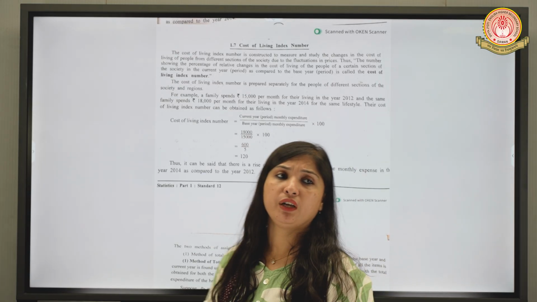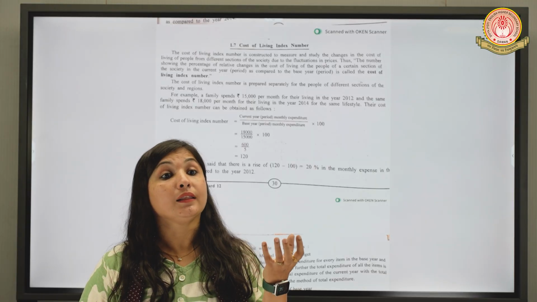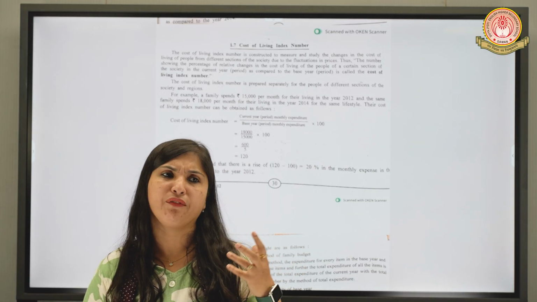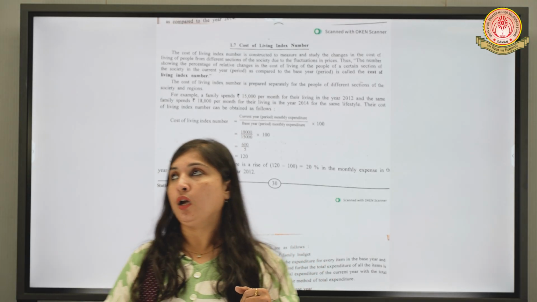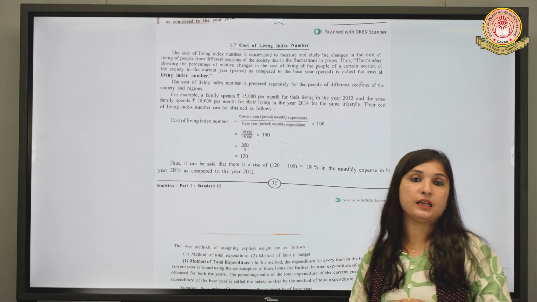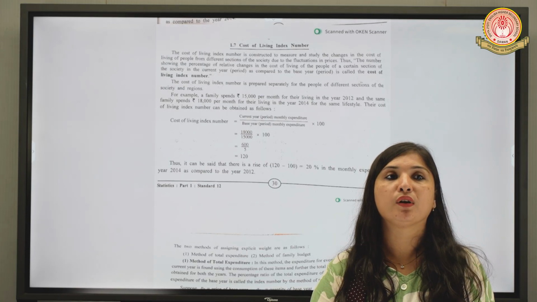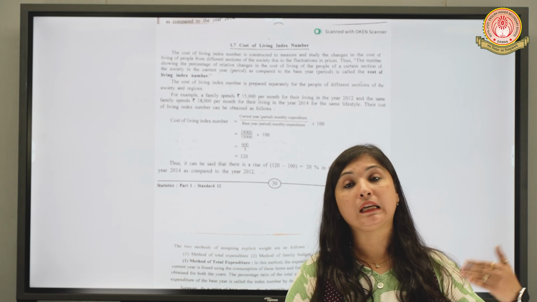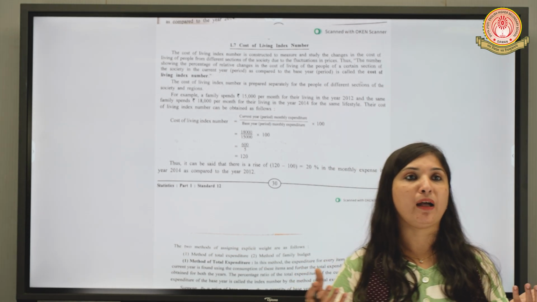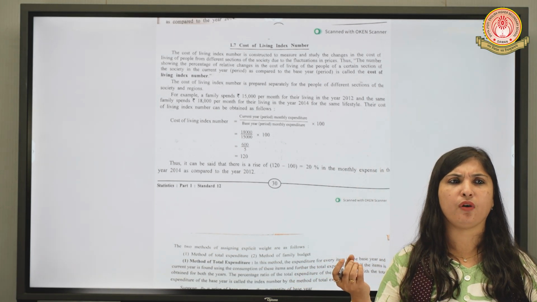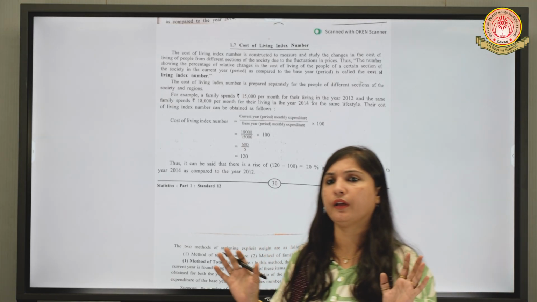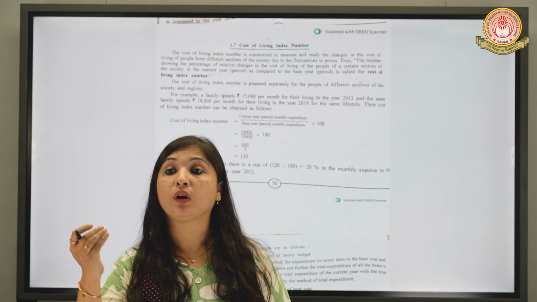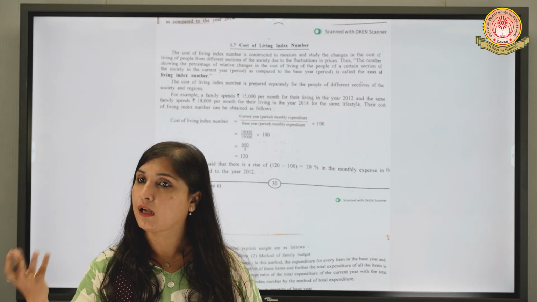For cost of living index, we will consider the expense that a family incurs every month or every year. If your family is having a very good lifestyle, or whatever kind of life a family is living, because of the rise in price they have to continuously increase their income also.